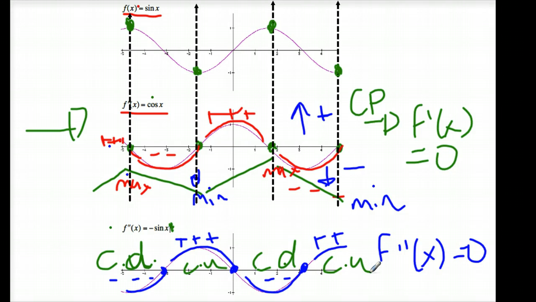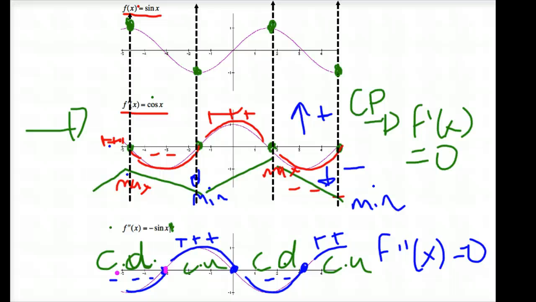So let's take a look and see if that is true in this section. So what I'm going to do is I'm going to trace from here to here and see if I'm really concave down in our original function. So let's see. Let's use a different pen. Let's use this right here.